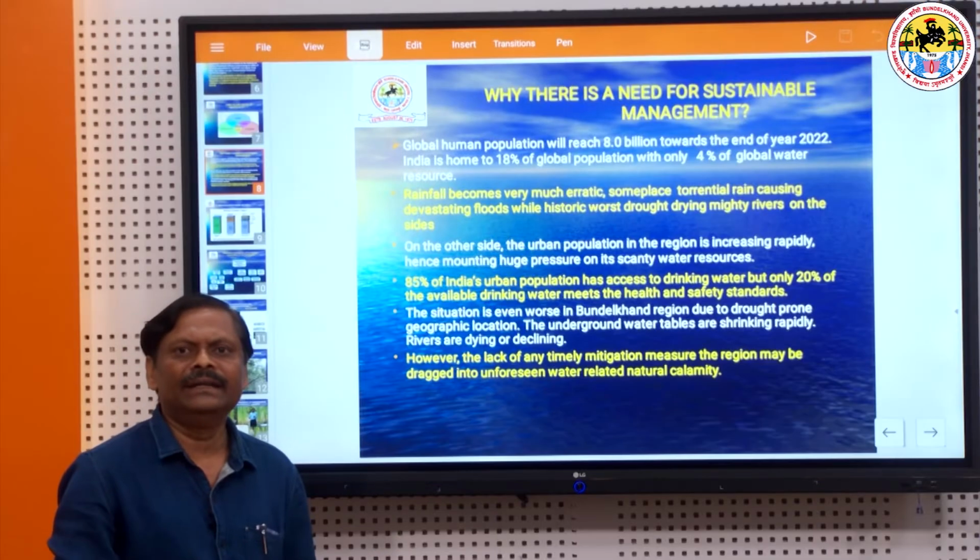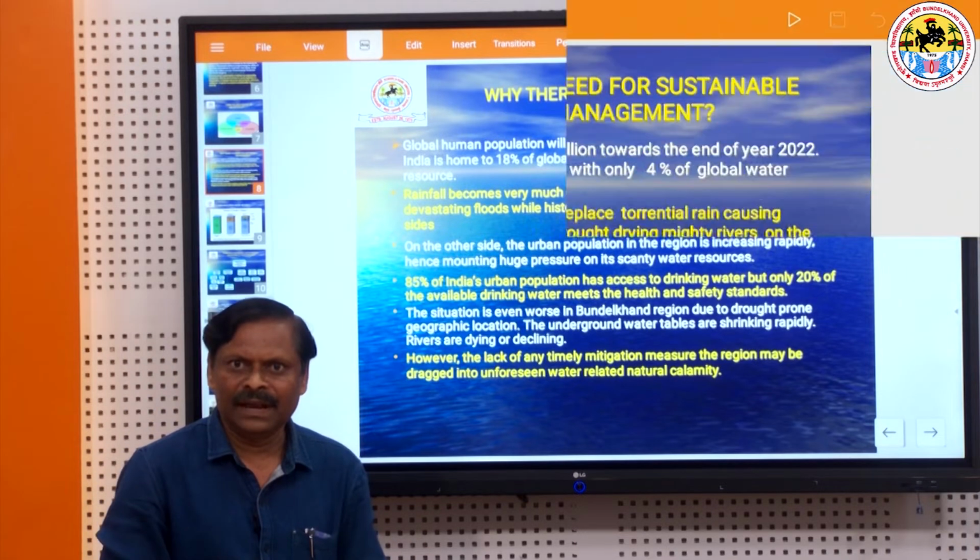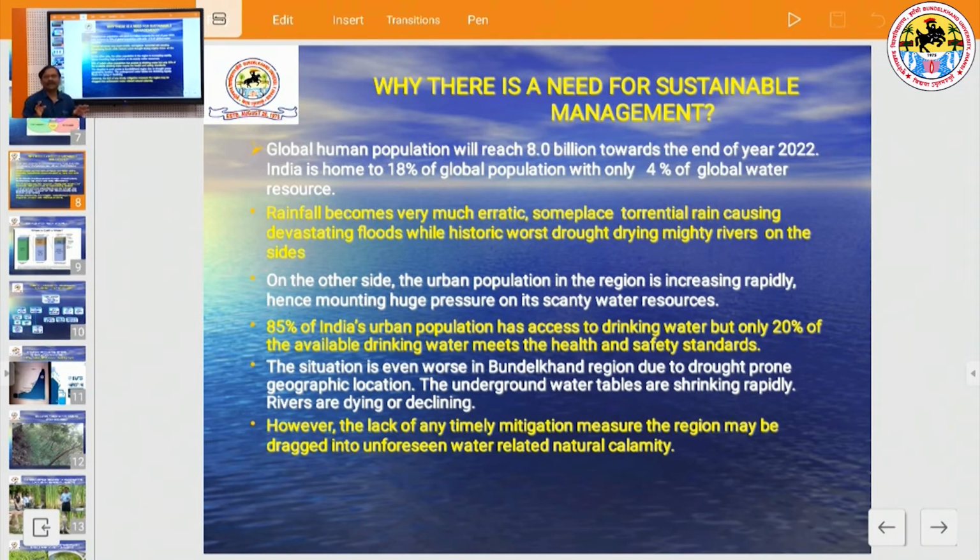In India we have 18% of the global population, and that with only 4% of the water resource. The rainfall has become very erratic. Somewhere torrential rain causes devastating floods, while historic droughts dry up mighty rivers on other sides.